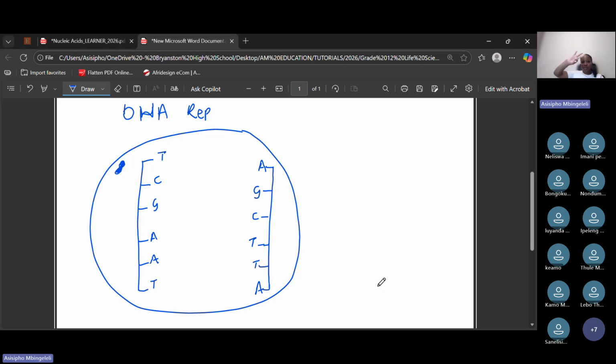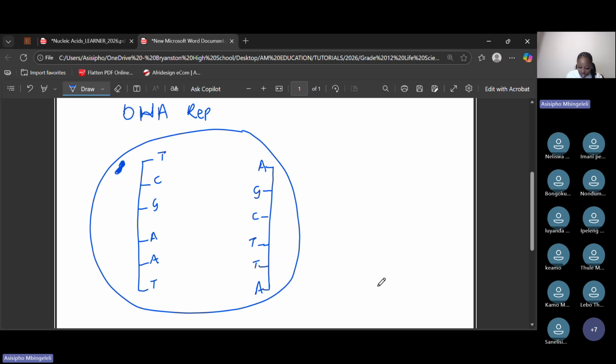All right, so we've done the first 3 points. Point number 4 says, okay, I want us to label these strands. Now, point number 4 says that each strand is going to act as a template. Now, a template is something that we follow or something that we use to make something else, right?